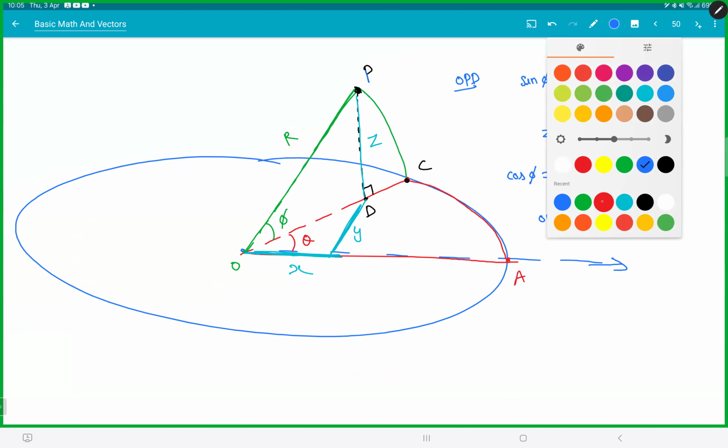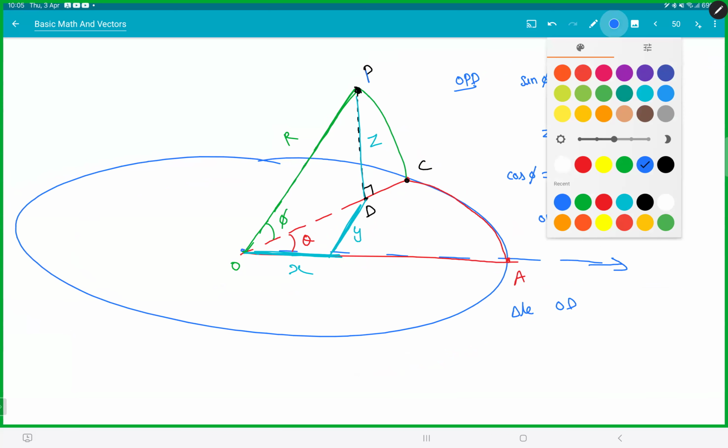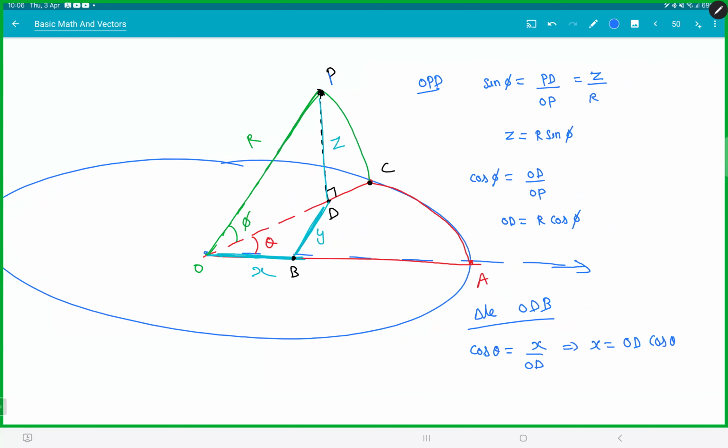Now once you got OD, take triangle ODB. In ODB, what is cos theta? Cos theta is x by OD. So x is OD cos theta. But OD is R cos phi. Therefore, the x coordinate will be R cos theta cos phi.